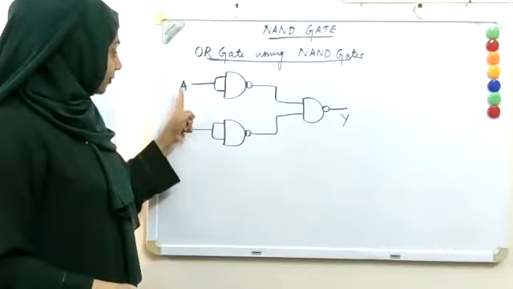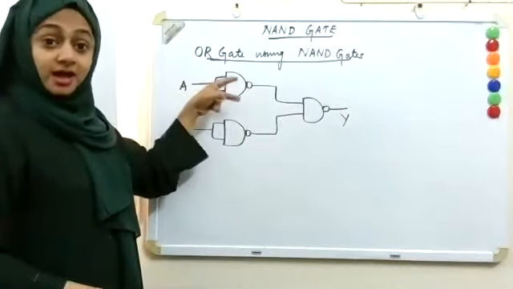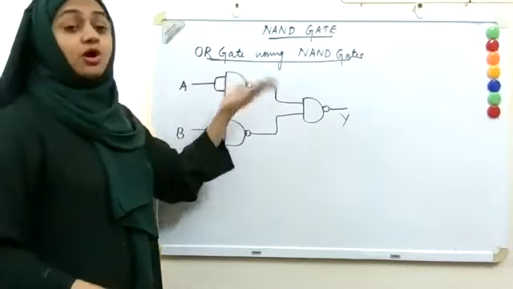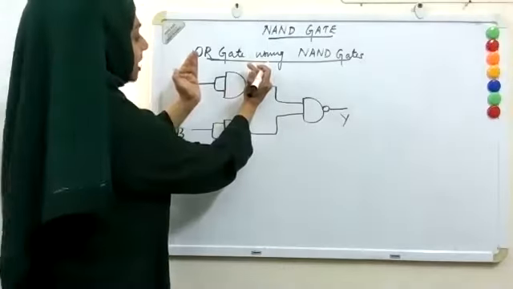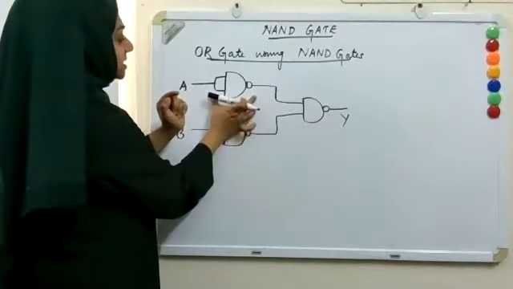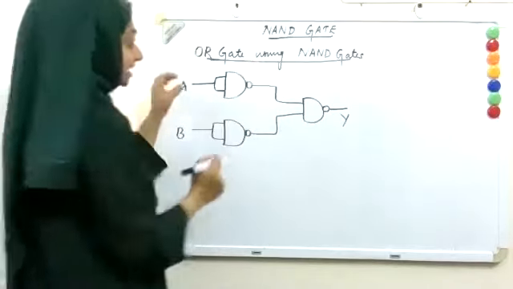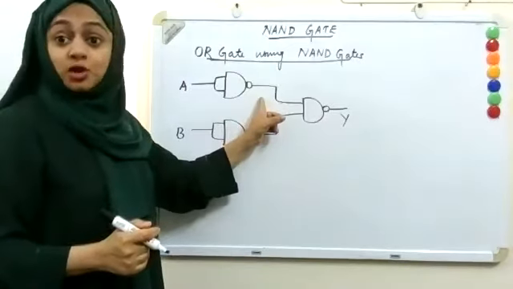Let us see how. A we are giving to a NAND gate. A and A, then not that. So here, remember how we express one single NAND gate as a NOT gate. One single NAND gate, if you are giving the same input, will function as a NOT gate, right?